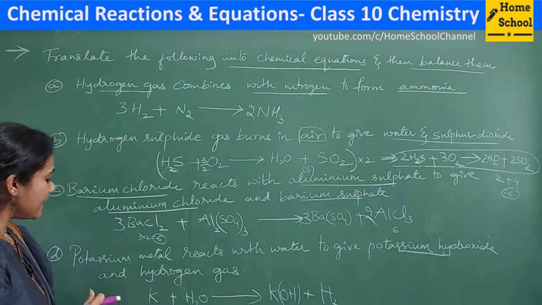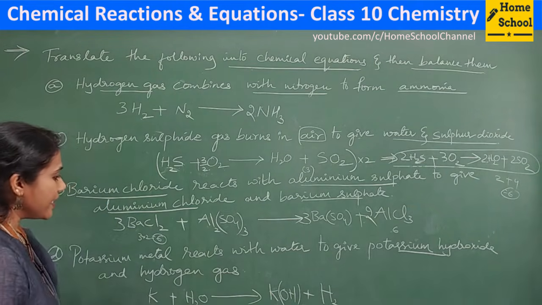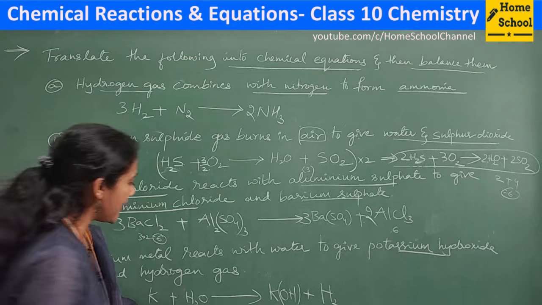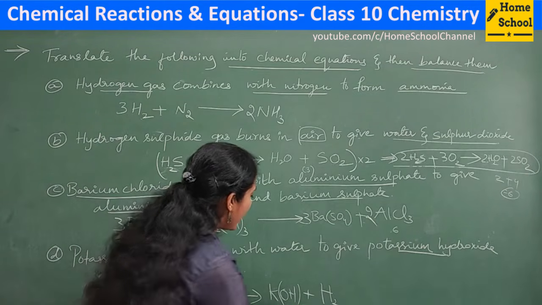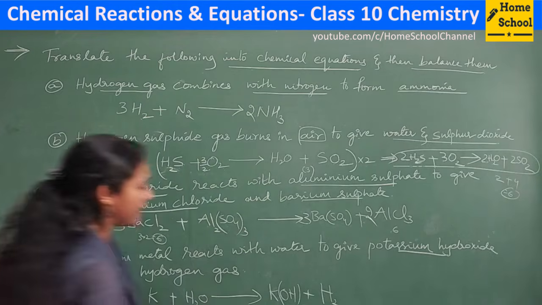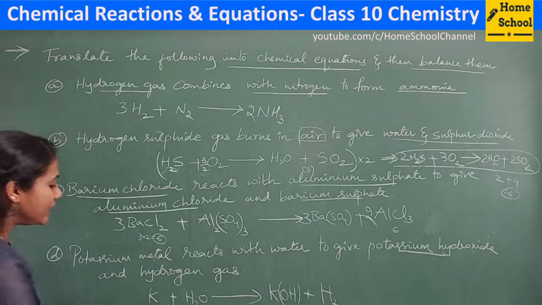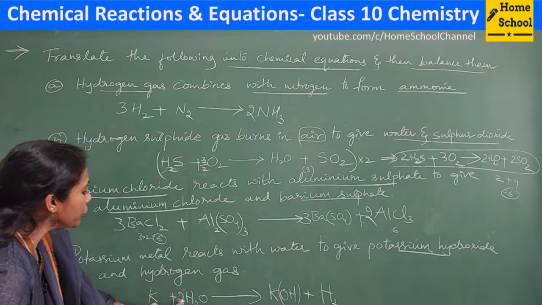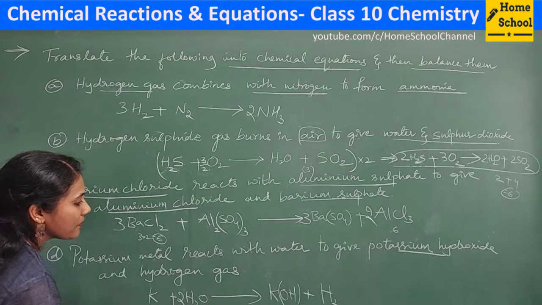So how do you balance this? Potassium 1, here also 1. Next hydrogens. 2 hydrogens this side, and 2 plus 1, 3 hydrogens on the other side, isn't it? So what will you do in this case? Put 2 here. If you put 2 here, how many hydrogens will you have? 4 hydrogens, right?